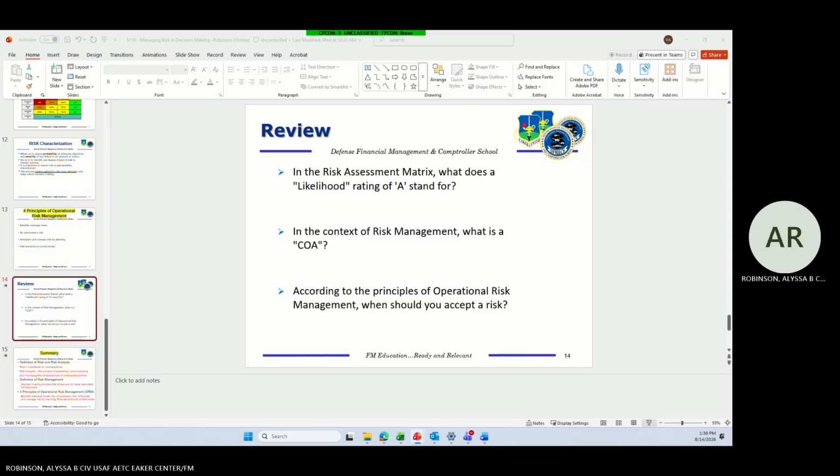And that is frequent. In the context of risk management, what is COA? I actually already said it, a course of action. And then according to the principles of operational risk management, when should you accept risk? And that would be when the benefit outweighs the cost.